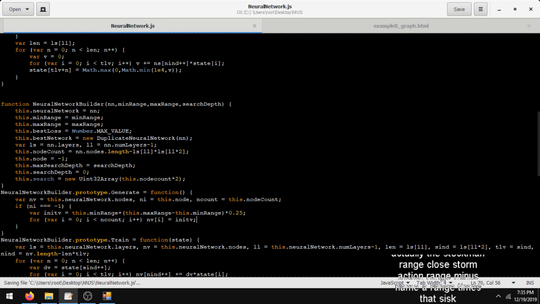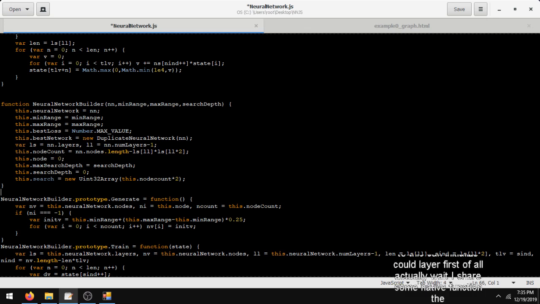So this is going to initialize the hidden layer first of all. Actually, wait. I should actually make a function for this. What am I doing?